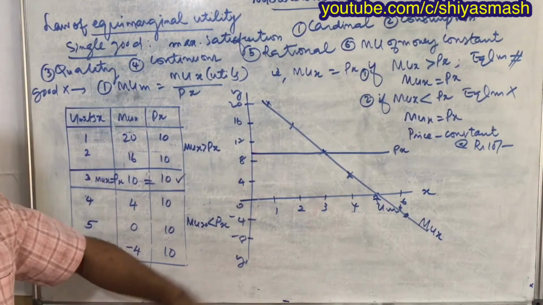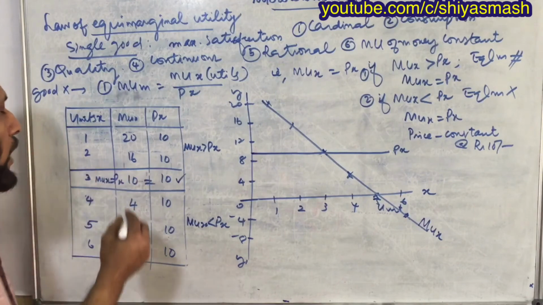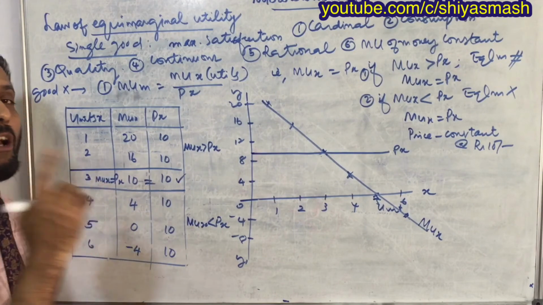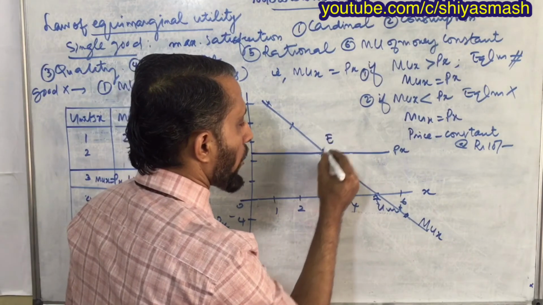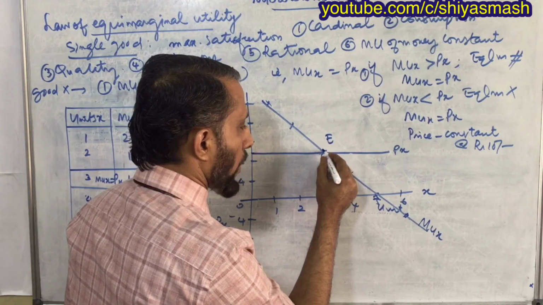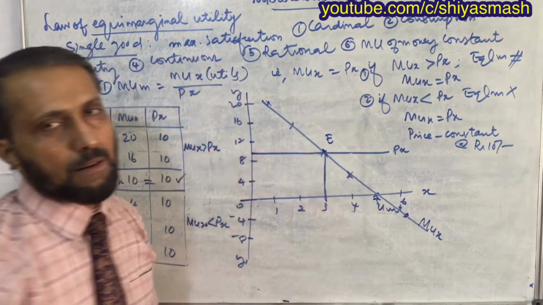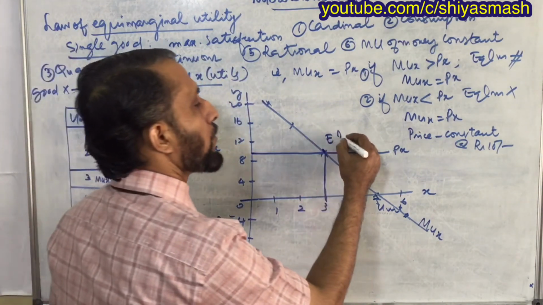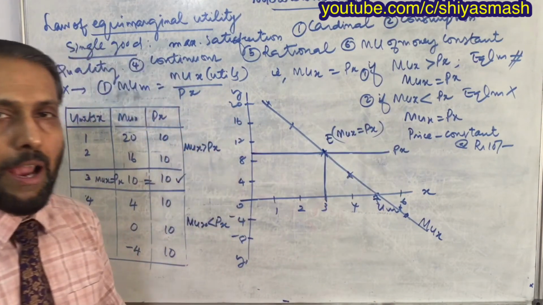And this price line and marginal utility became equal at point 3 where equilibrium is obtained. See, at this point the equilibrium is there. We can call the point E. If you draw from this point to the x-axis, it should touch 3. This point E is the point where MUX is equal to PX. That is the equilibrium point.